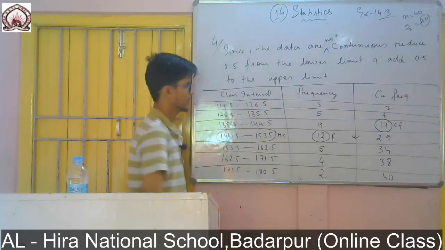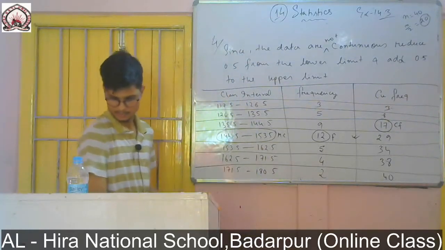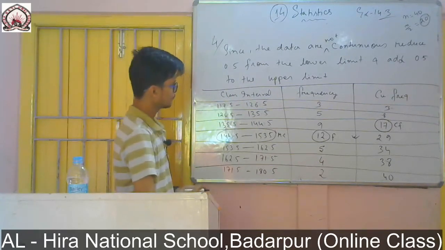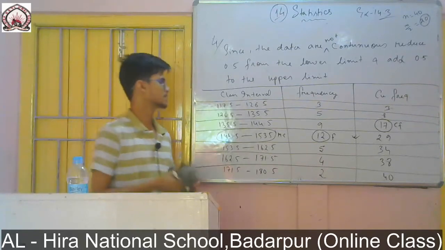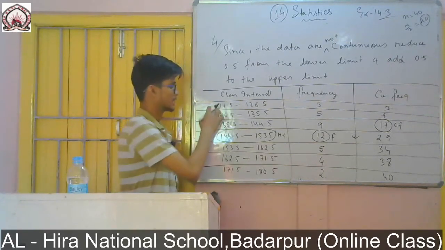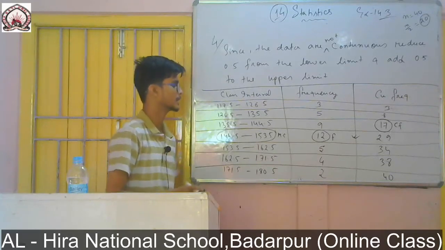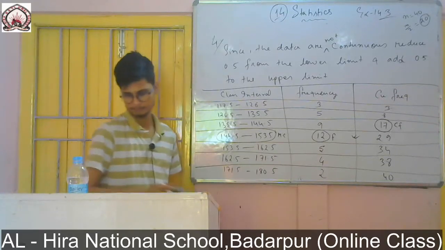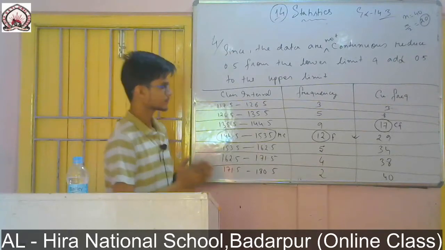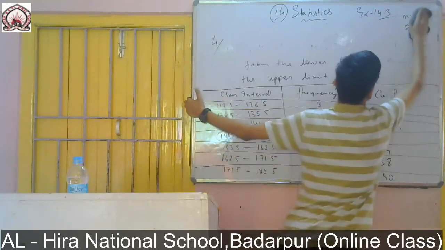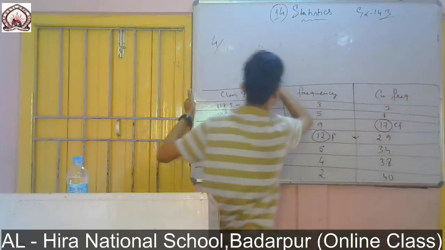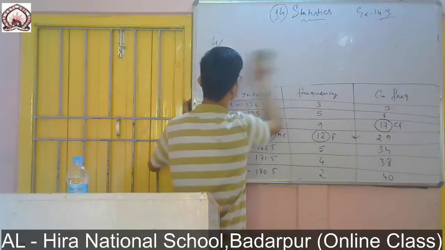And height, if I simply subtract, it will be 9, since adding 9 to 117.5 gives 126.5. So now I will put this in the formula and find it.